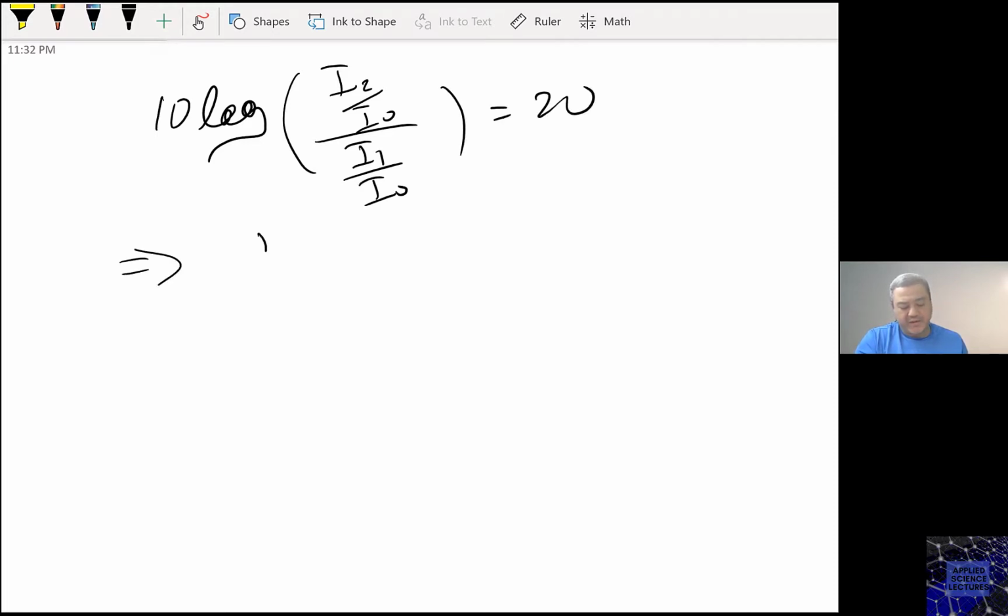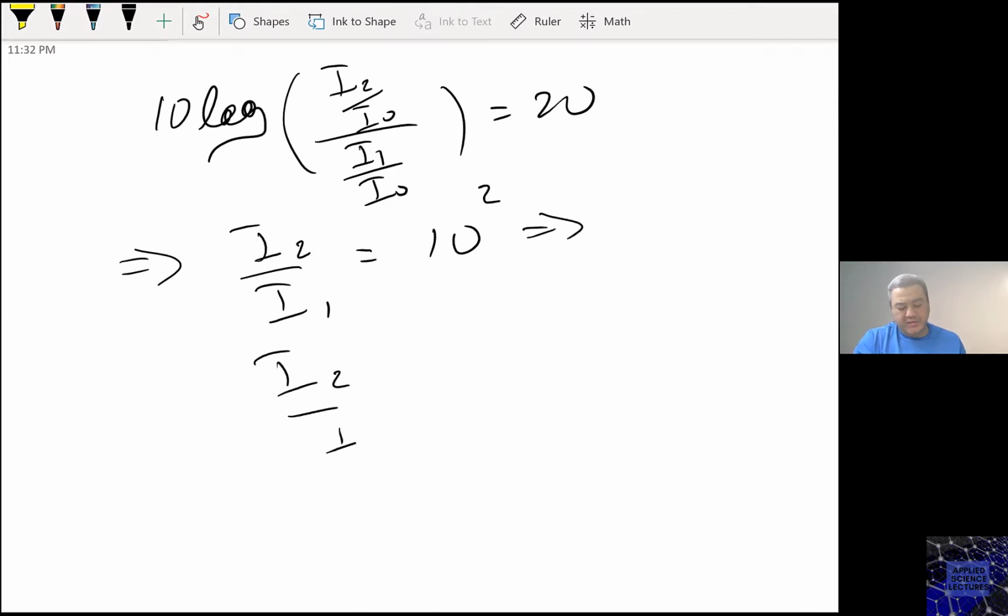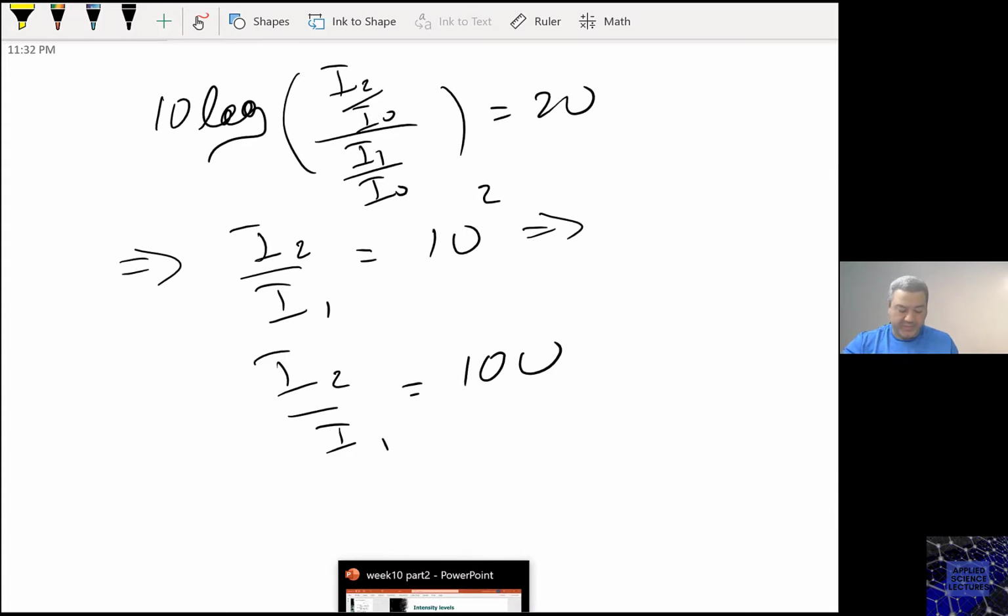This means I2 over I1 equals 10 to the power 2, and this is 100. So the difference is 100 times.